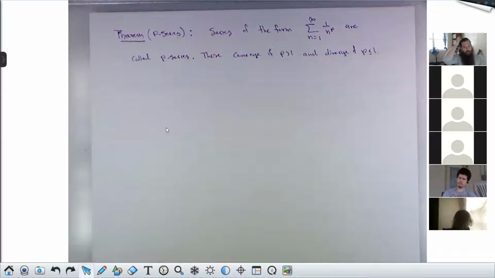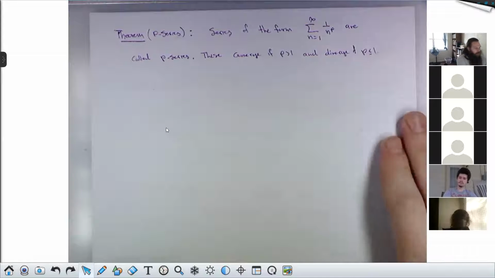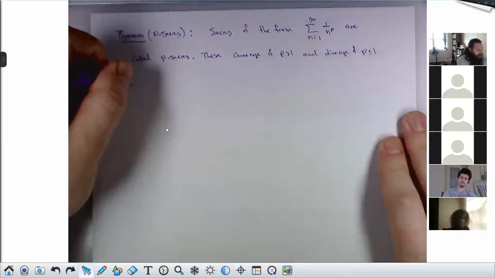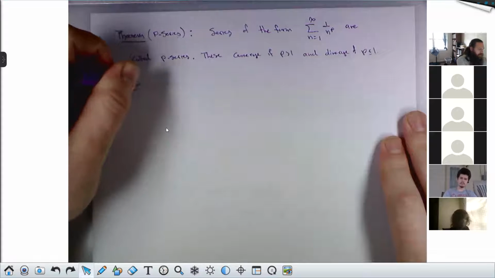This is an important result that you need to remember, kind of like our result on geometric series, right? Here's a whole family of infinite series that we know exactly when they converge. Here's another whole family. Why? Well, we can relate them back to P integrals.